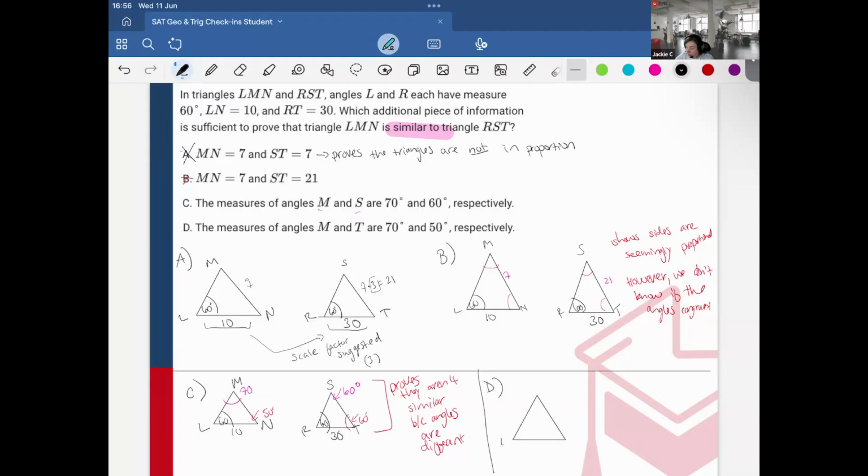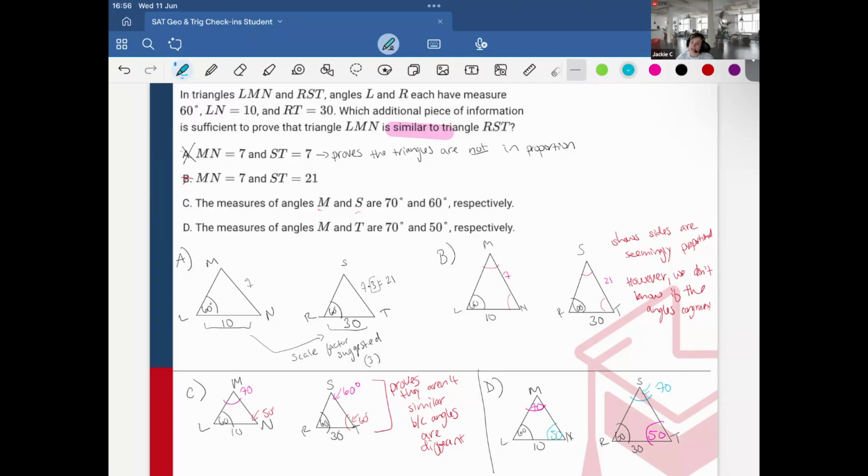So it must be option D. So I have L, M, N, and R, S, T. Again, we know this is 60 already, 60, and this was 30, and this is 10. Here it says M and T. So M is 70 and T is 50. And therefore, with this information, I would know that this is 50 and this would be 70.